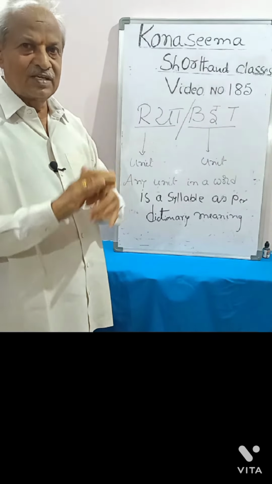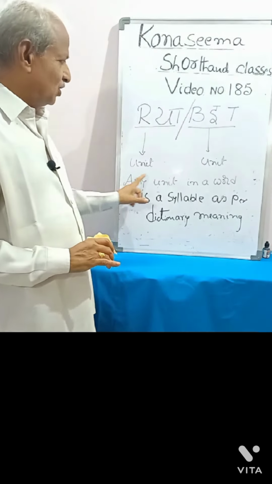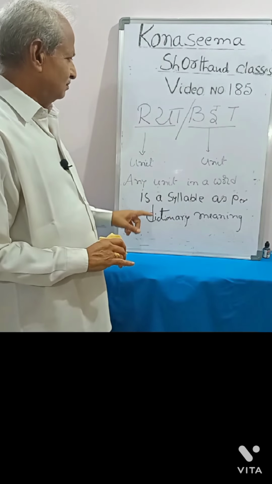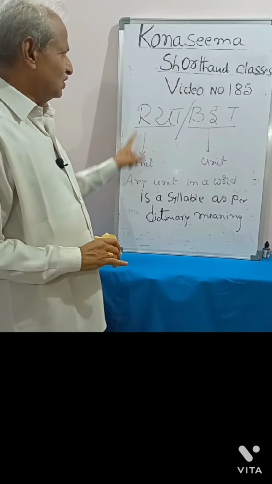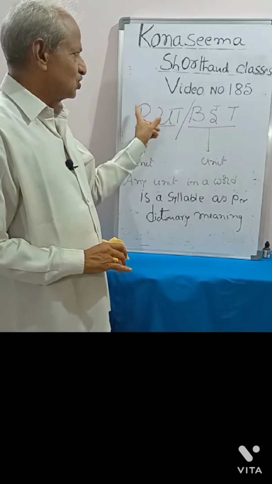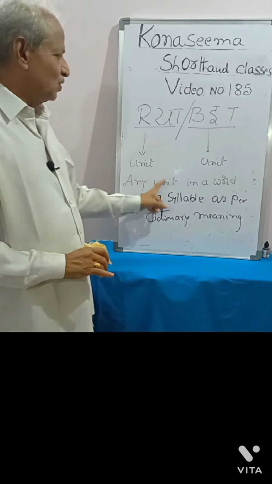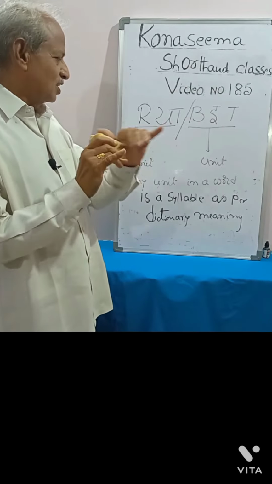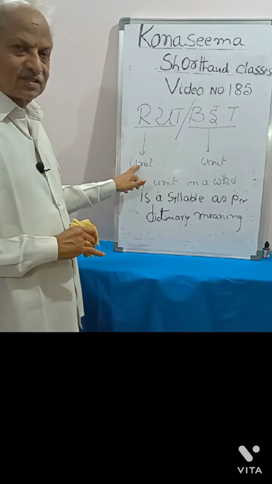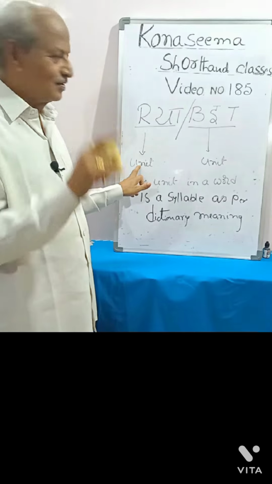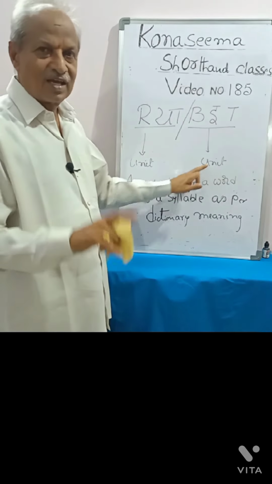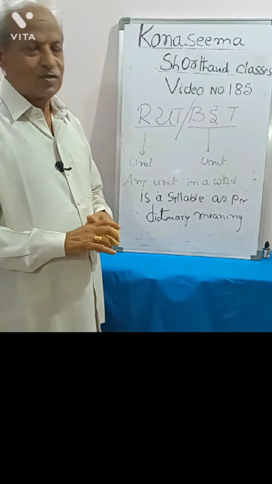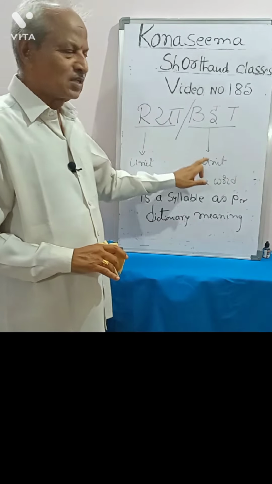As per the meaning of the dictionary, any unit in a word, this is a unit in this word, this is a unit in this word. Any unit in a word is a syllable as per the dictionary meaning. So this unit is called a syllable. This unit is called a syllable. So in this word, 2 syllables are there.